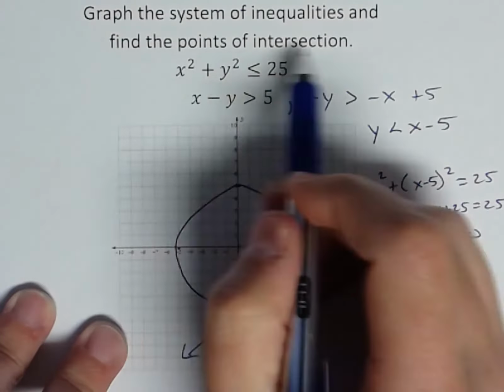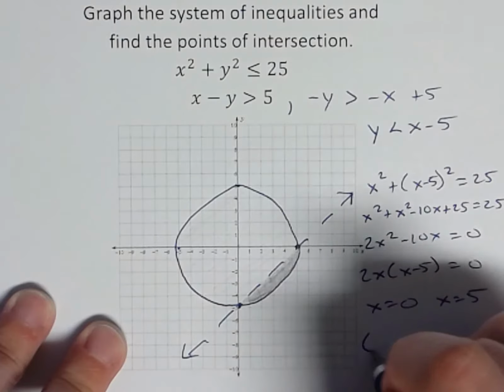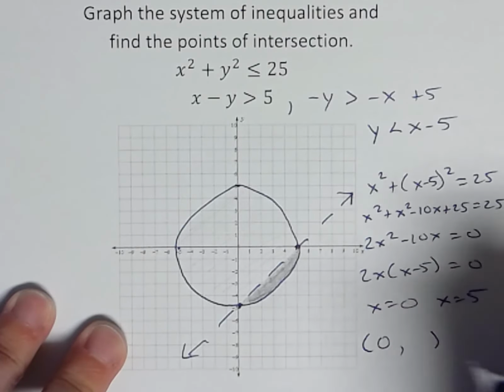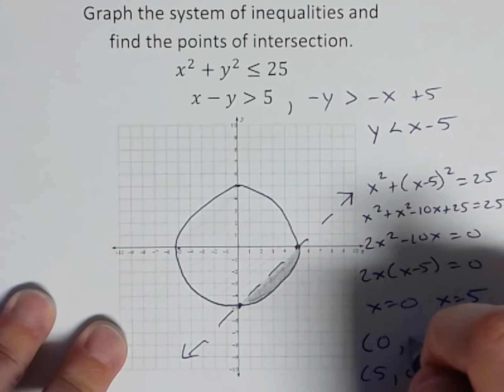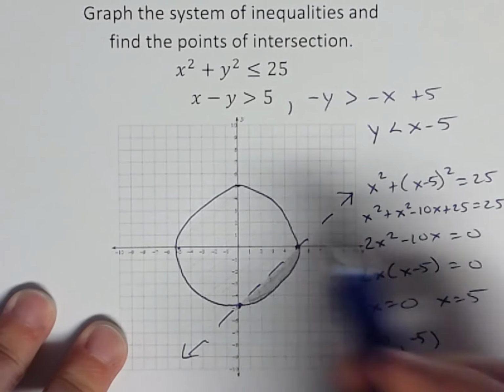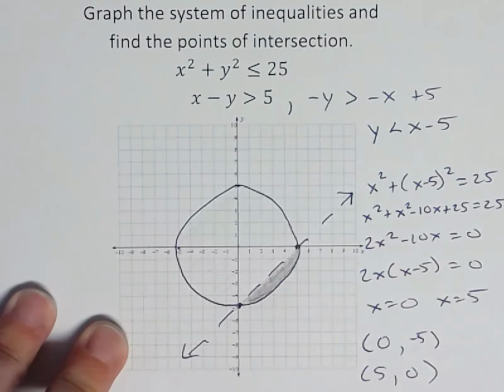And so then what are the actual points of intersection? Well, it's going to be 0 something and it's going to be 5 something. I just wrote it there. You can see it's (5, 0) and (0, negative 5). Again, you would just plug those in and see what values would make that true, right?